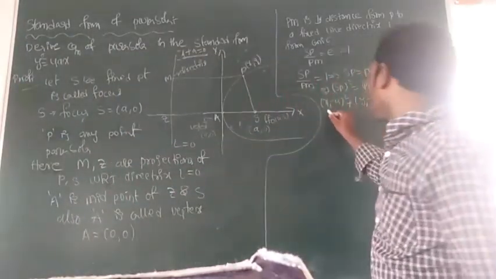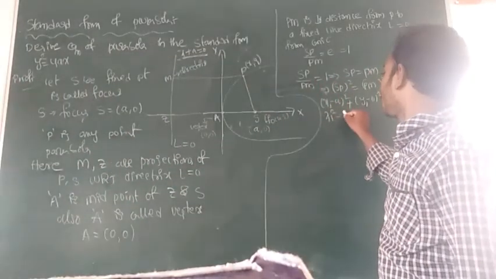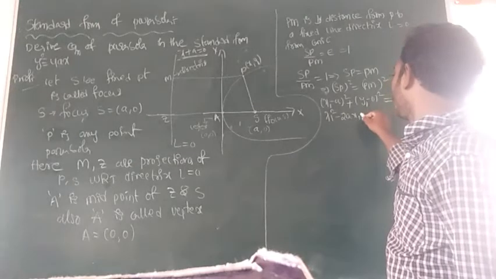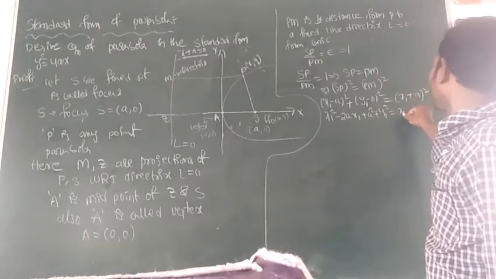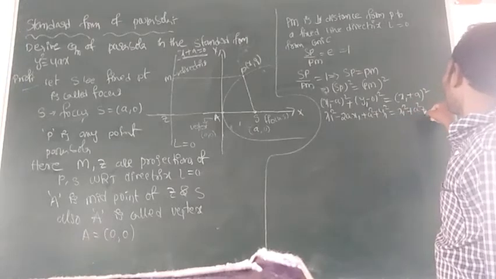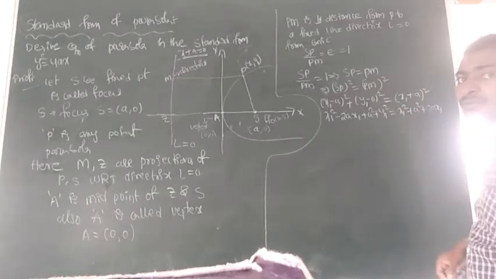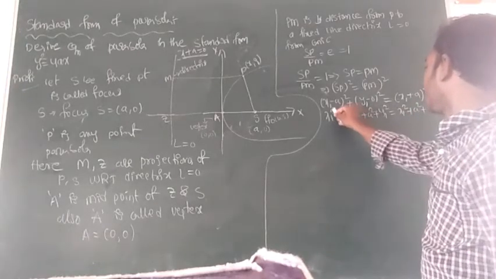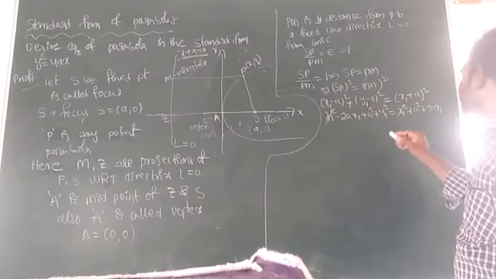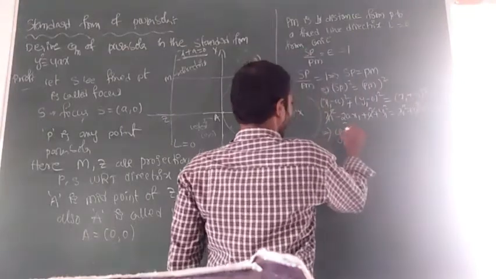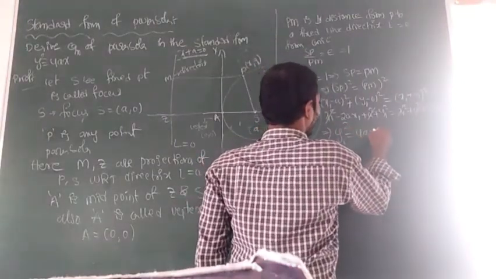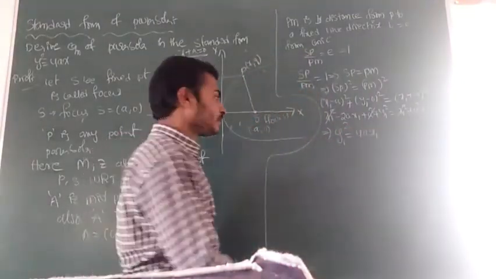Now by simplification, x1 square minus 2ax1 plus a square plus y1 square equal to x1 square plus a square plus 2ax1. Now x1 square cancels and a square cancels. Totally we get y1 square equal to 4ax1.